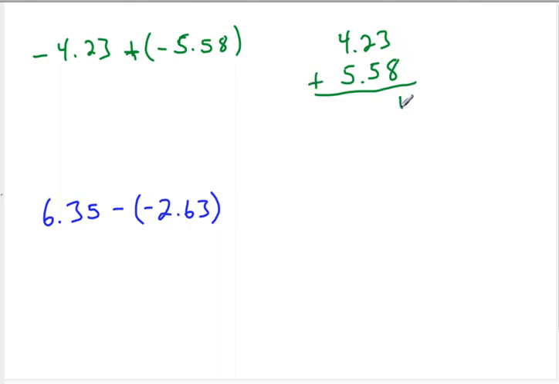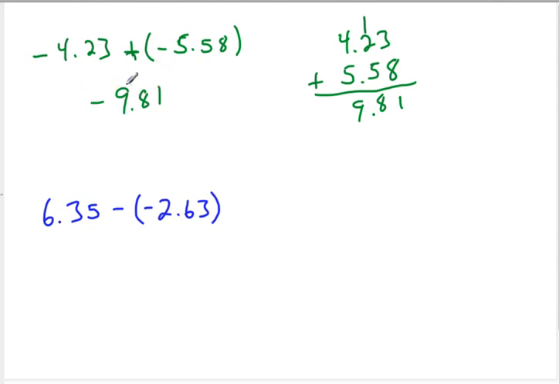So 8 plus 3 is 11. Then we have 8 here and 9. So we have 9.81, but remember it is negative because negative and negative. Make sure not to confuse that with the multiplication rule, which is negative times negative is positive. This is negative plus negative.